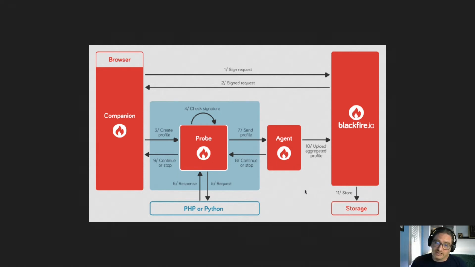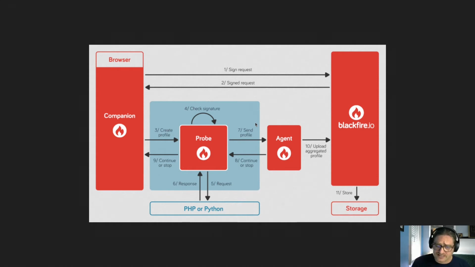And the agent does some processing on it, like removing unimportant information and anonymizing things, then ultimately sends the data to the Blackfire servers. It's somehow the middleman. So basically, the probe and the agent work together to collect the info and send it to Blackfire.